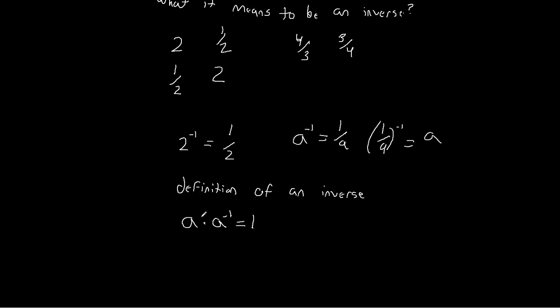A times a inverse is equal to 1. This is the definition of an inverse. Hopefully I haven't broken your brain. Hopefully you can follow the logic that we can define an inverse as the relationship between a number and what we're calling its inverse, to this concept of 1.